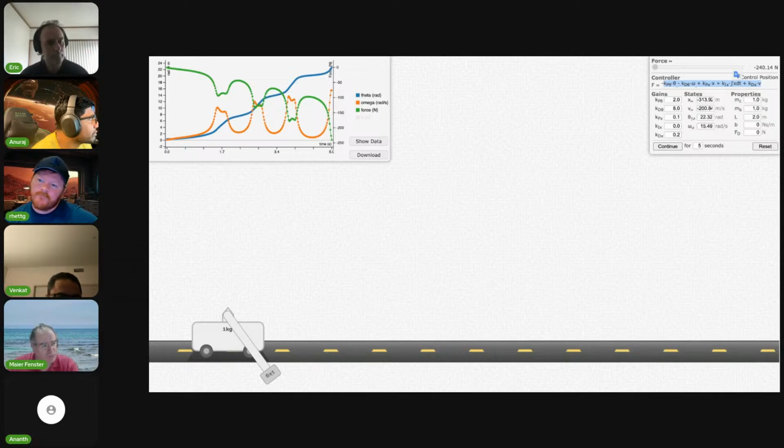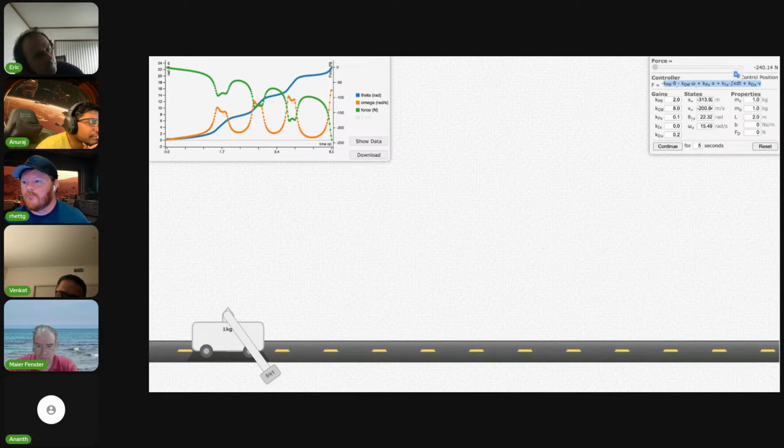The general intuition here is that the pendulum has a much faster time constant. So it's the fast inner loop, and the horizontal translation is the slower outer loop. So you typically want to put higher gains on the angle and lower gains on the cart. So that's the basic intuition.